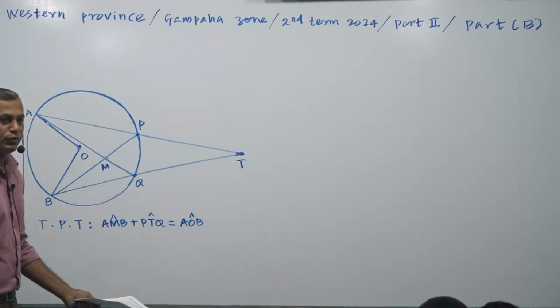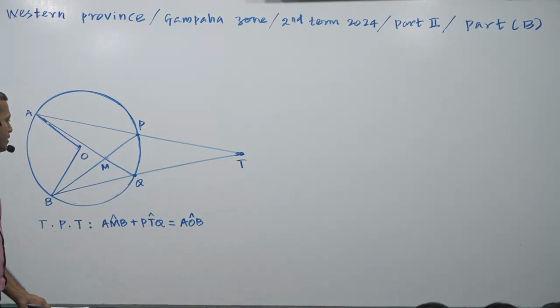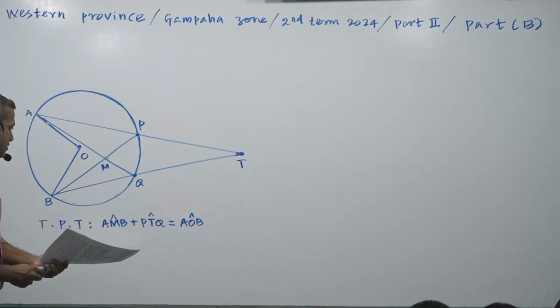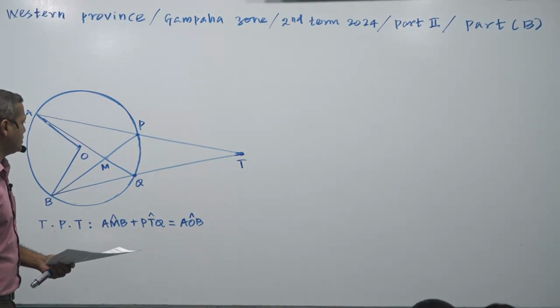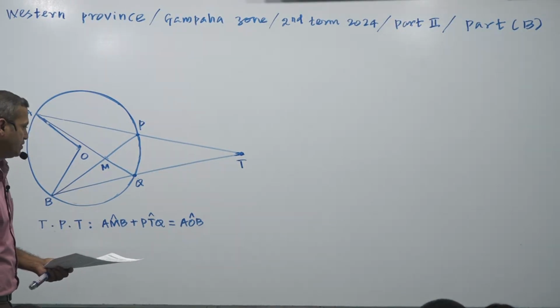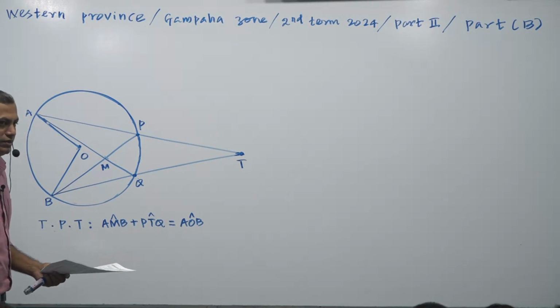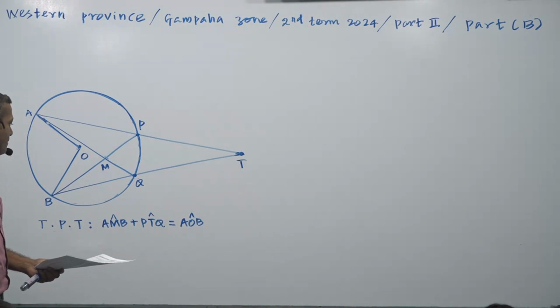This is what you need to prove, right? There are many methods. As far as I know, there are 3 methods to prove this type of question. Let's try with one, see whether you can understand.